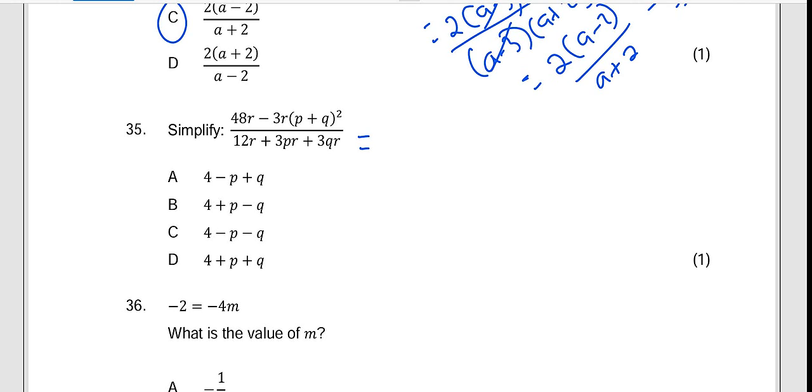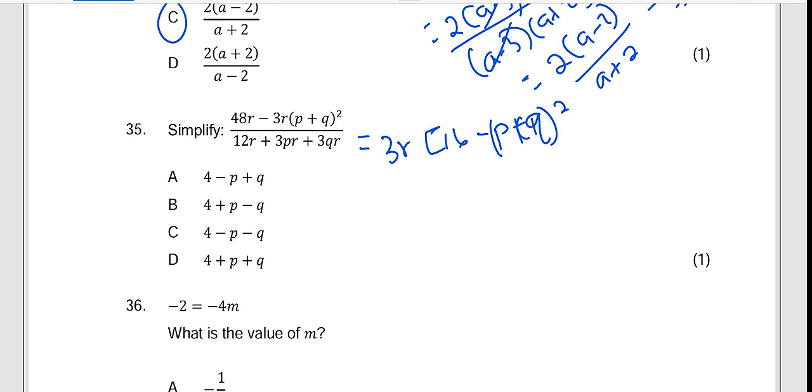What are we going to do here? I will take out 3r as a common factor, and I'll be left with 16 minus p plus q here.